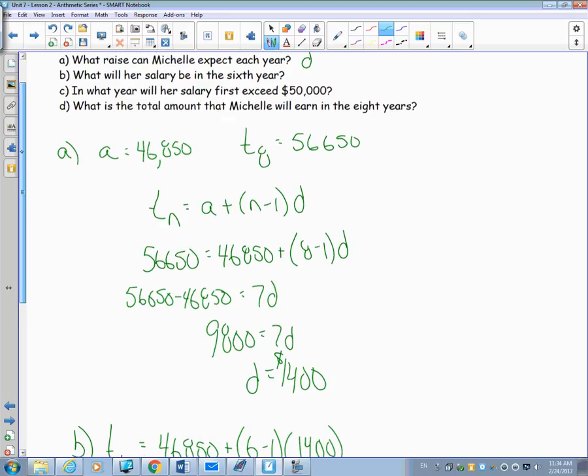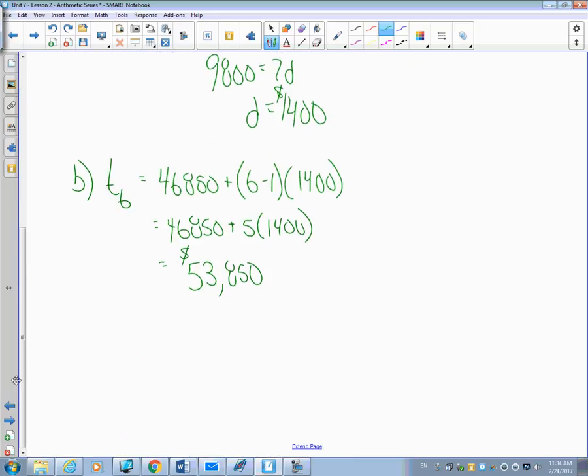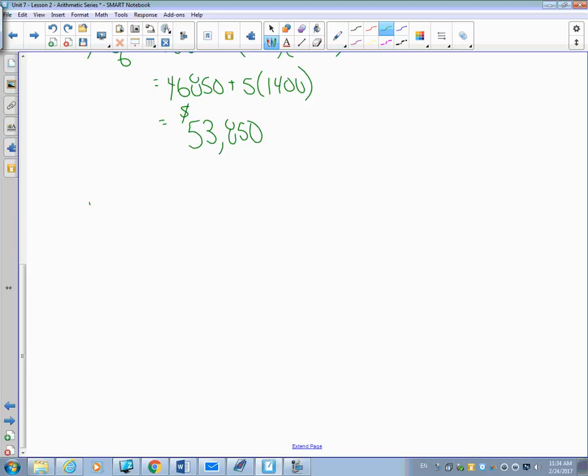Okay, part C. In what year will her salary first exceed 50,000? In other words, where in the sequence is that value? So back to our sequence. Using our Tn equation still, I want to know when do I hit 50,000? N minus 1 times d. We easily figured out our d.